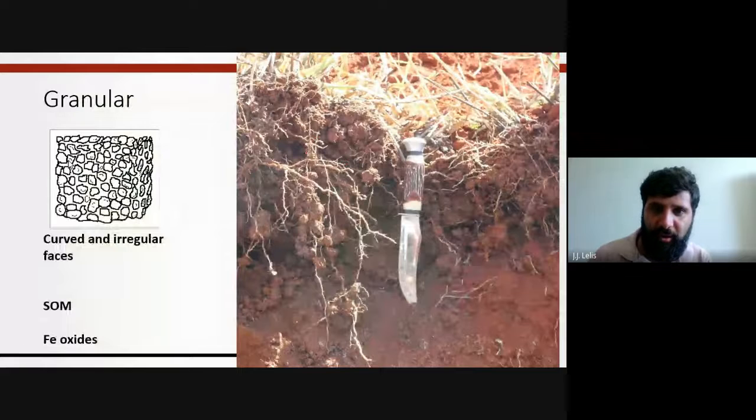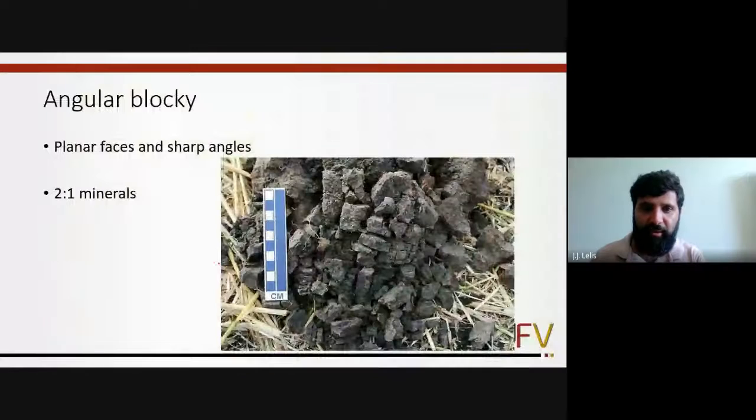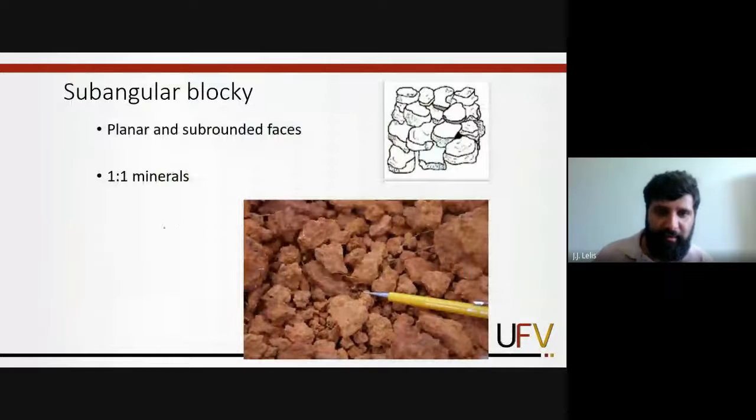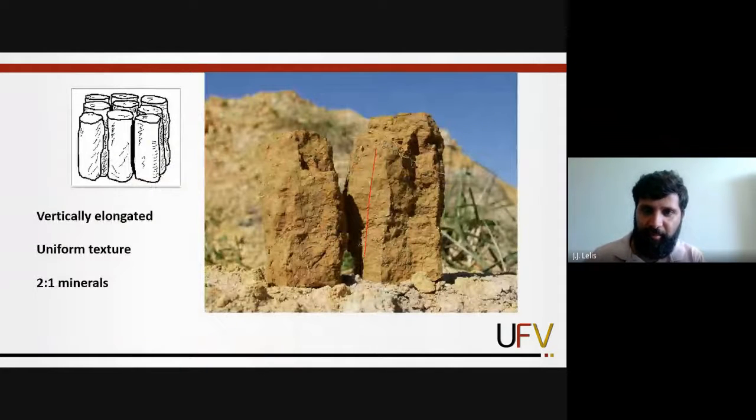And okay, you can just think, how can I differentiate this one from that. This is a curved shape. This is a cubic shape. This is a polyhedral shape like this. They are this kind of shape. This is a prismatic shape.